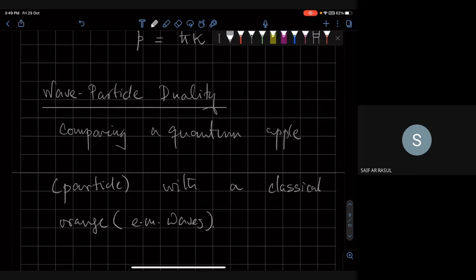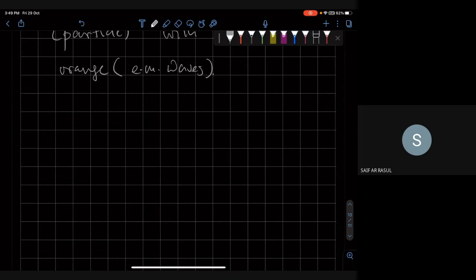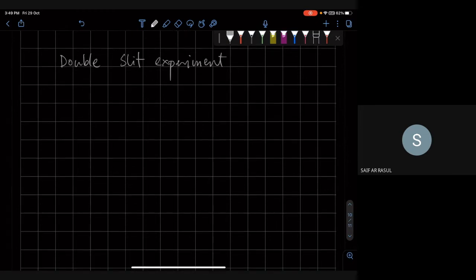So what do I mean by that? For example, take the double slit experiment. We can explain this very easily by classical physics. What we do is we say that there are these two slits, and there's a photosensitive screen over here, and there is a coherent source of electromagnetic waves here.